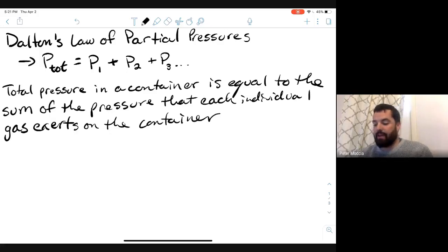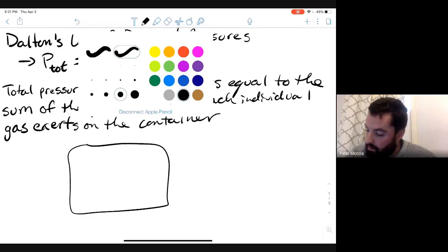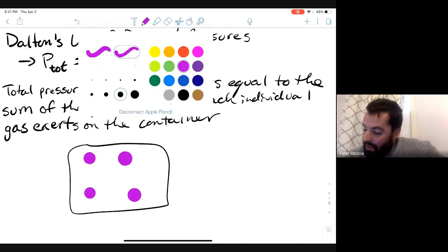For example, if I have a container and I have the purple molecules and the yellow molecules.